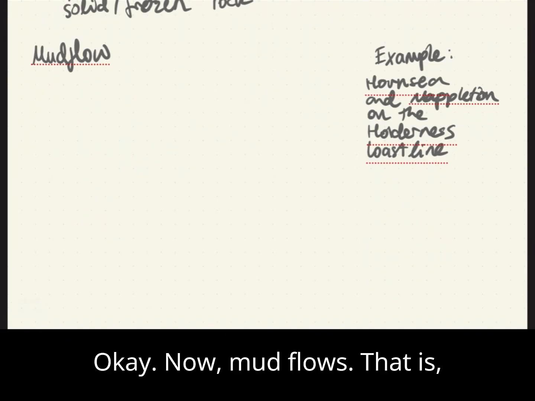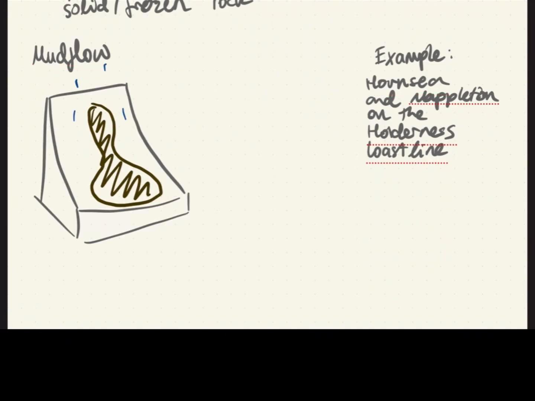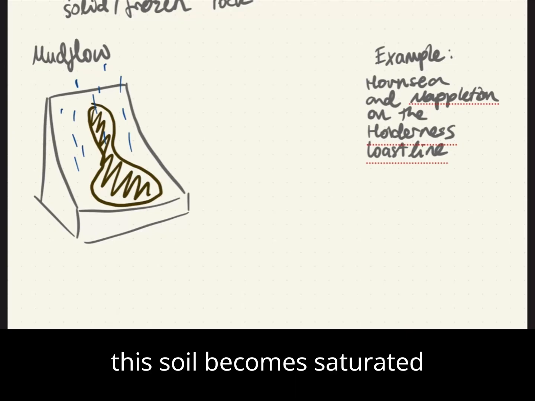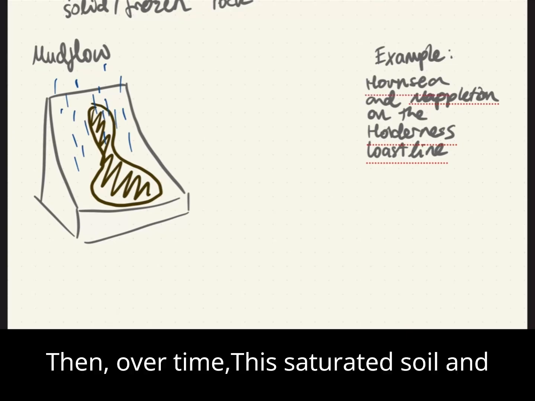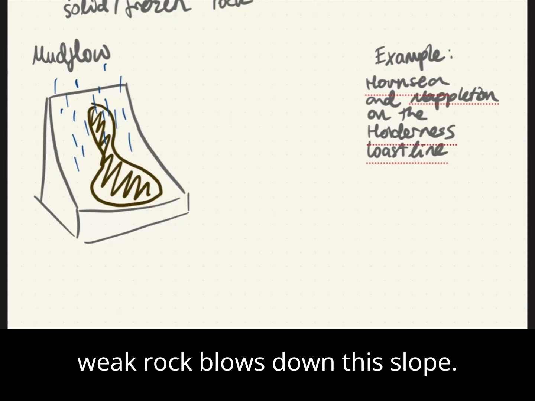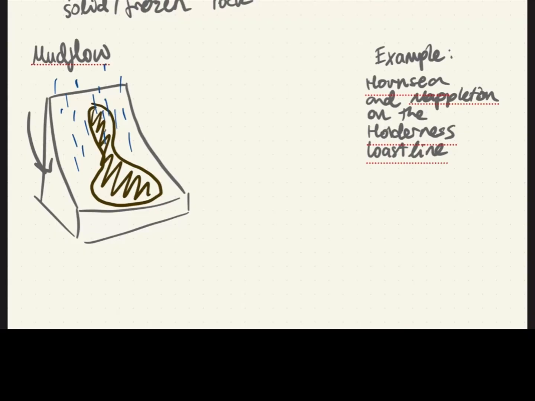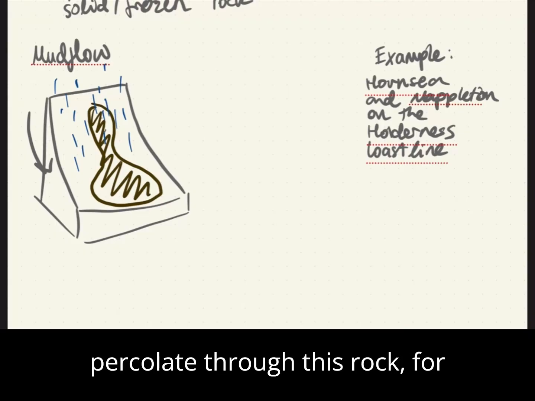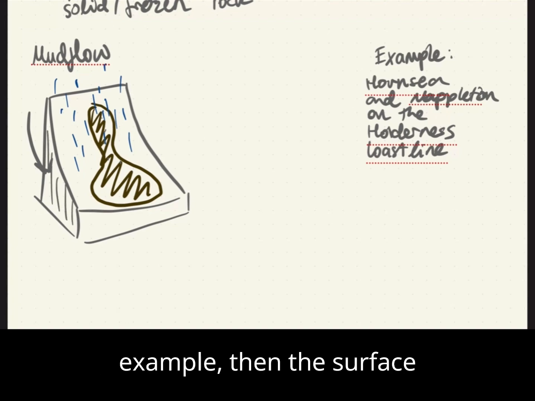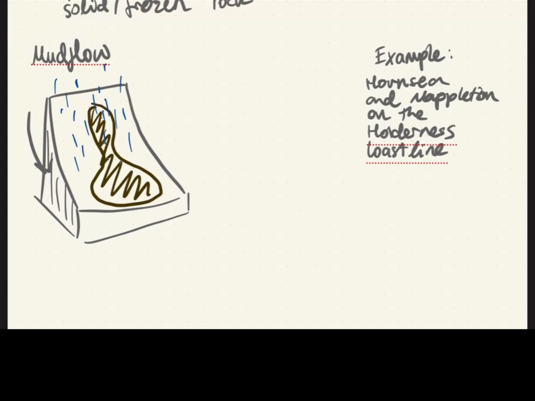Okay, now mud flows. This soil becomes saturated through precipitation. Then over time, this saturated soil and weak rock flows down the slope. If the excess water cannot percolate through the rock, for example, then the surface layer becomes very fluid and heavy.